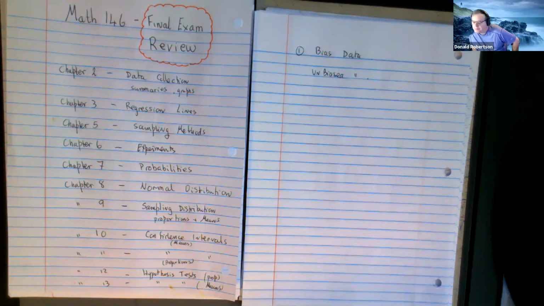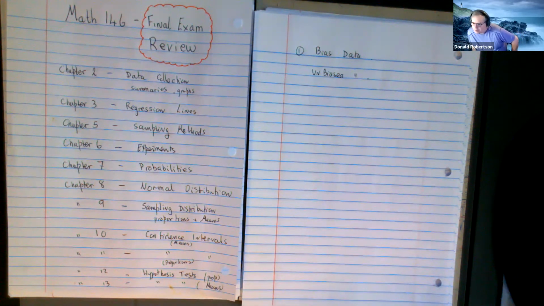Which is very common. Can't you get bias in all sorts of ways? We've gone over most of them. If you ask people how often they have stolen things in the last year, you tend to get response bias, right? People tend to tell lies if the question is personal.